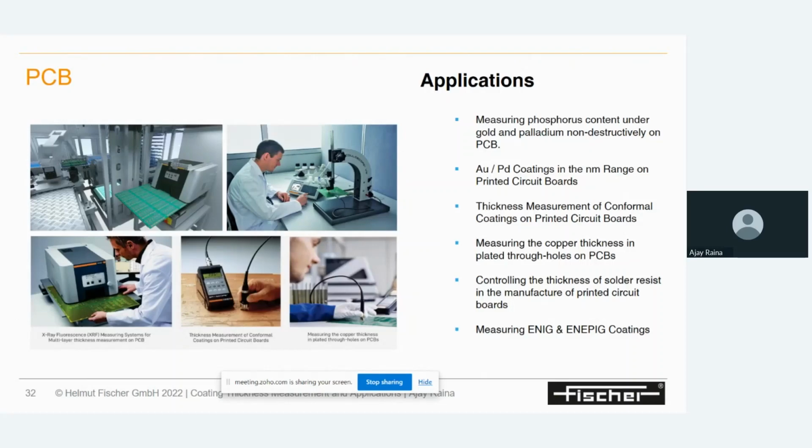And if we are doing electroless nickel with immersion gold, ENIG, or ENEPIG, electroless nickel with electroless palladium immersion gold, then those applications can also be checked easily with Fischer XRF instruments.